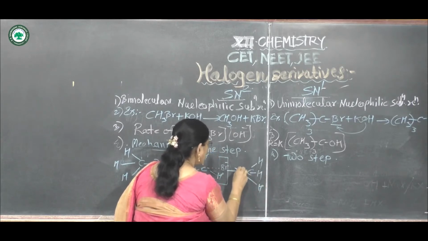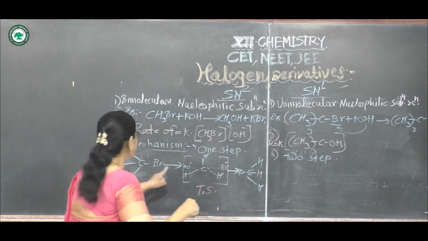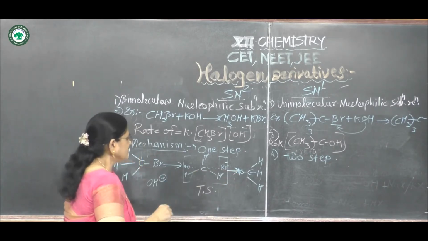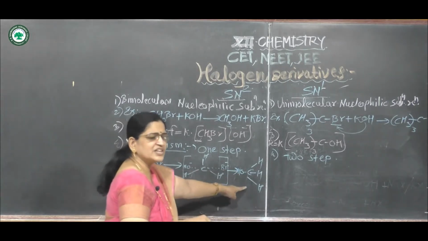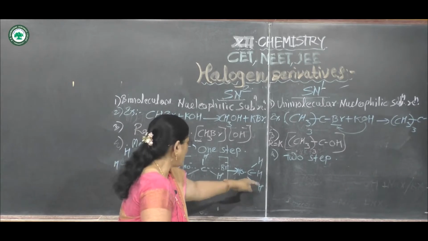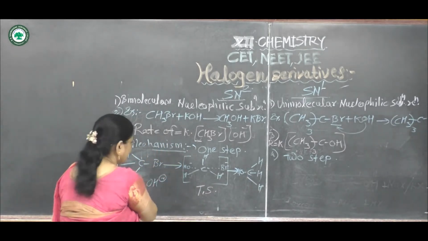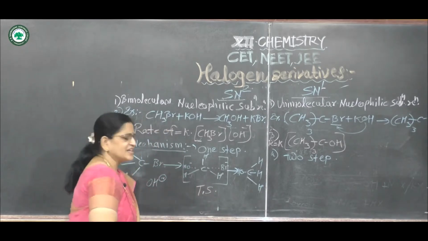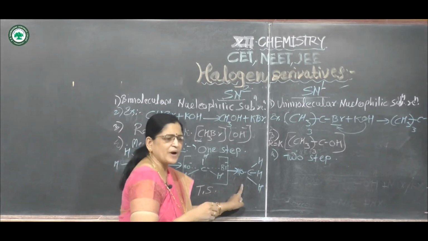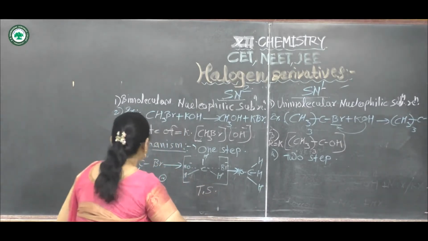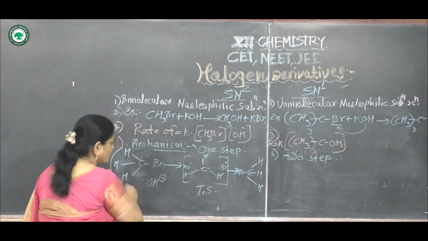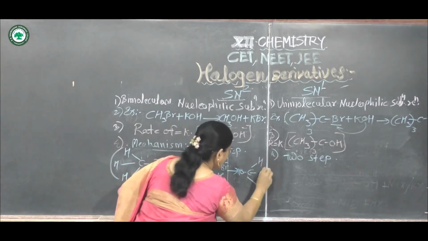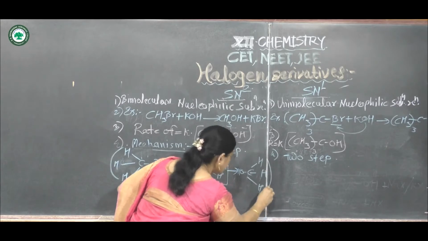get inverted to the opposite side of the nucleophile, hence it is called inversion of configuration. In this product, the three hydrogen atoms get inverted to the opposite side, just like the flipping of an umbrella.